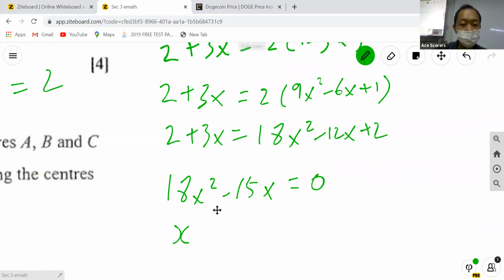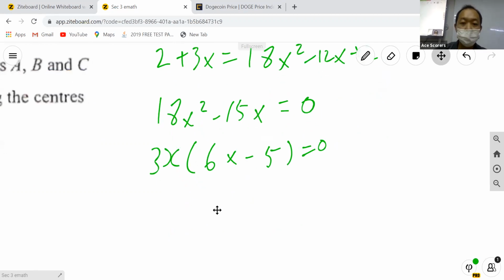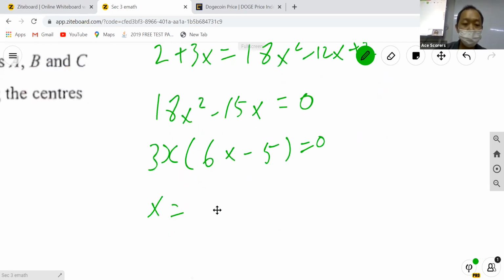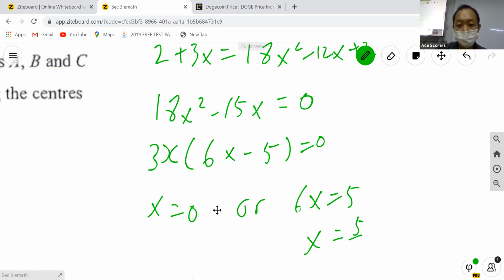Then take out x. So you can take out 3. It doesn't matter. So lengthy. So either x equals 0 or 6x equals 5, x equals 5 over 6.